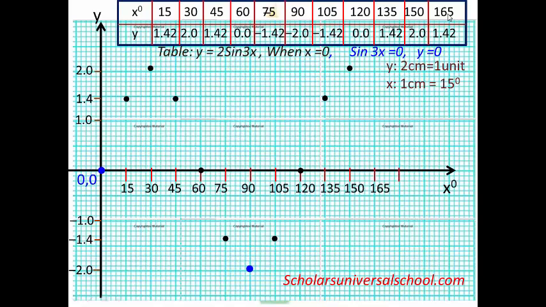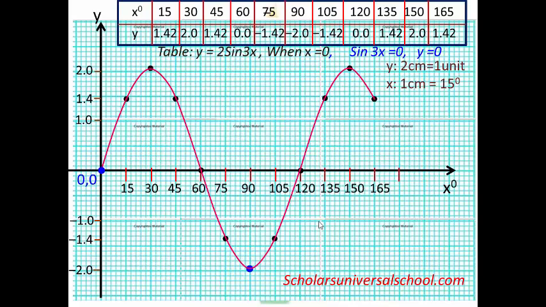Then 165 degrees at 1.42, you plot that as well, here again. So you can see how the graph will look now. We can start plotting it from anywhere as convenient for us. Can you see that? So that is the graph of y equals 2 sine 3x.